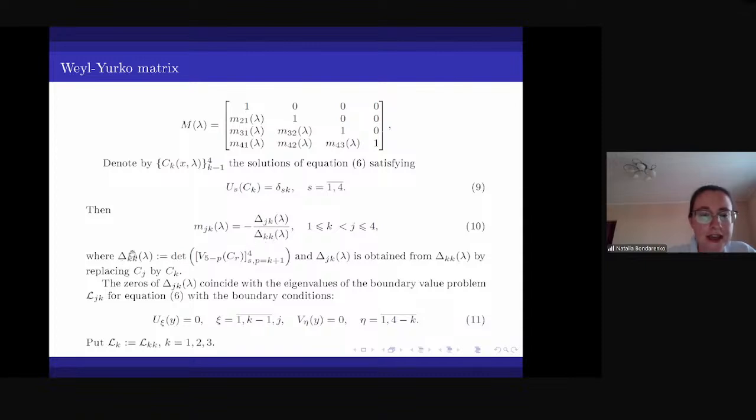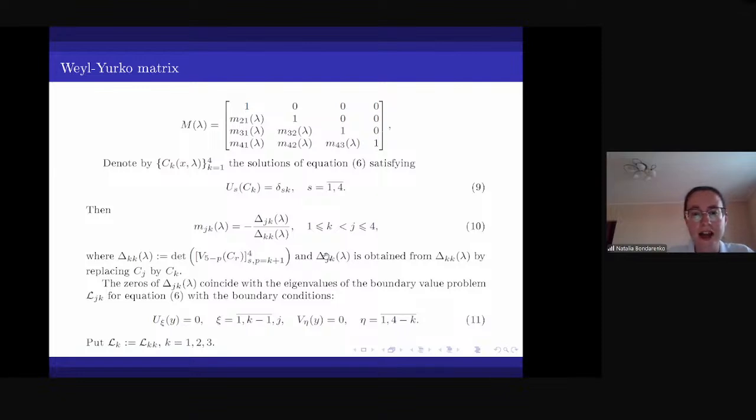Here, delta_kk is defined in this way: it is a determinant of some matrix which is composed of these entire solutions. And delta_gk is the analogous determinant which is obtained from delta_kk by replacing some C_g by C_k.